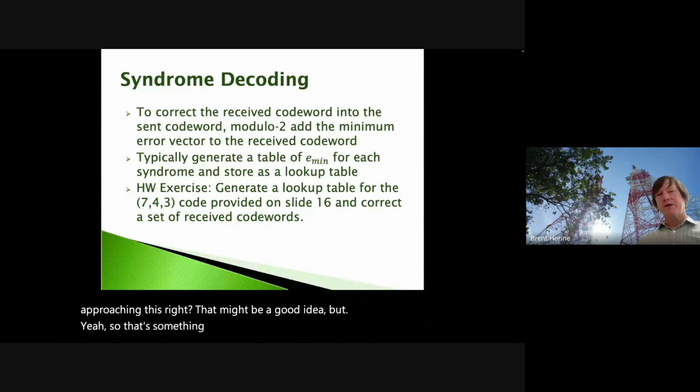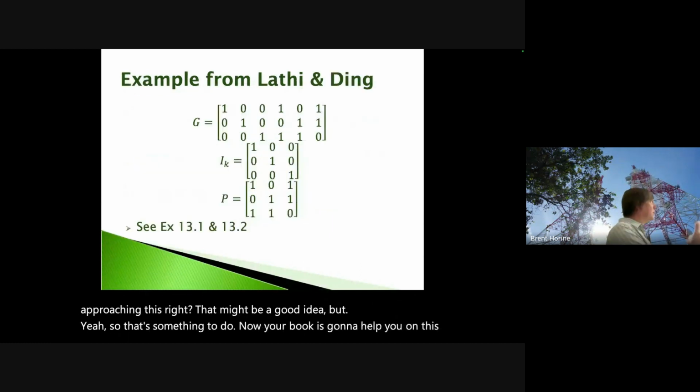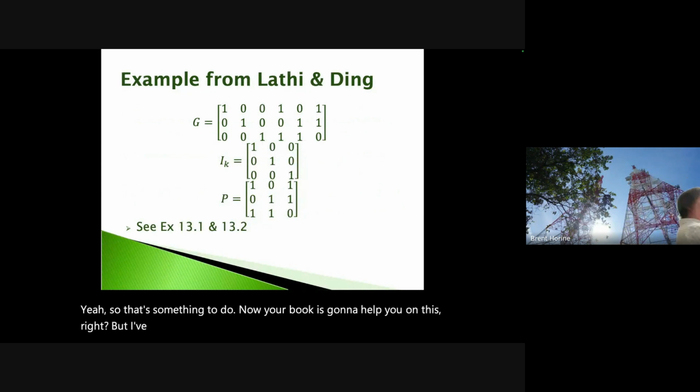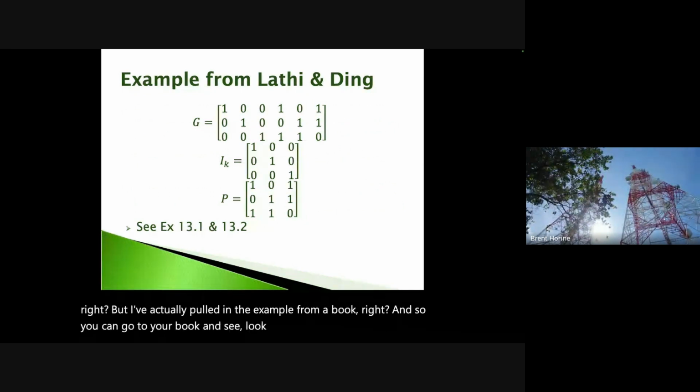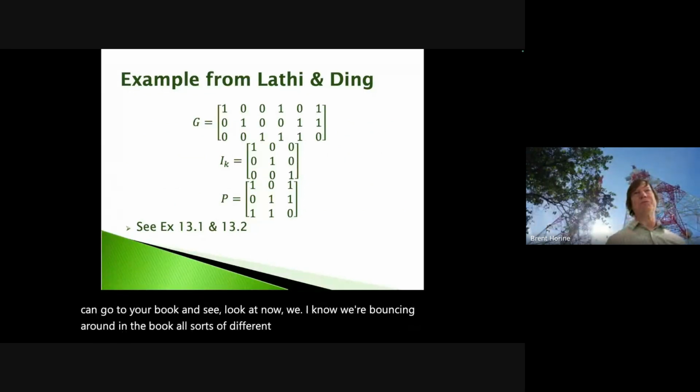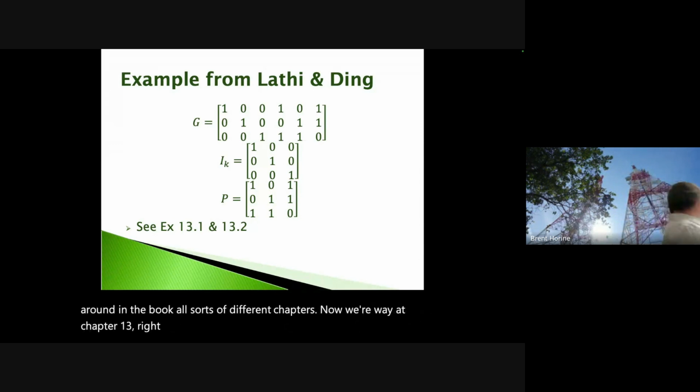Now your book is going to help you on this. I've actually pulled in the example from a book, and I know we're bouncing around in the book through all sorts of different chapters. Now we're way at chapter 13.